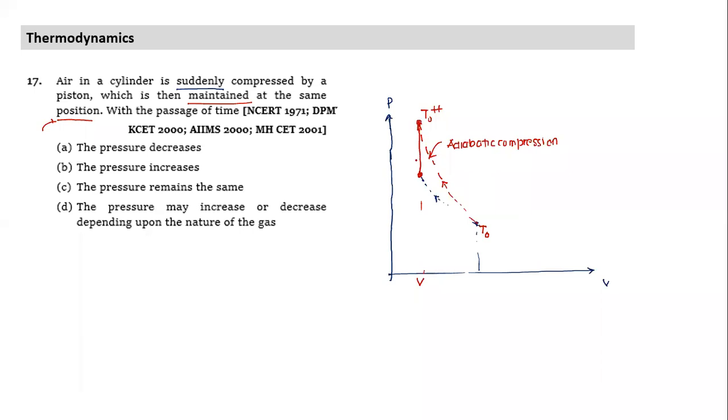So what is happening during this process? What is happening to temperature? What is happening to pressure here? Pressure will drop and temperature also will drop. With passage of time, from A to B, what is happening?